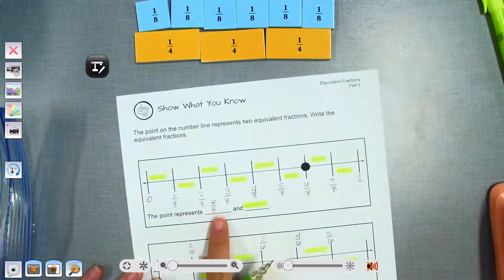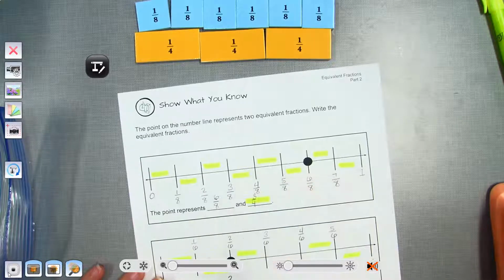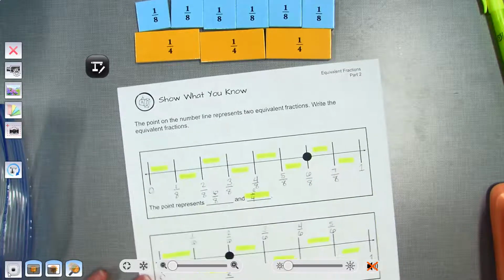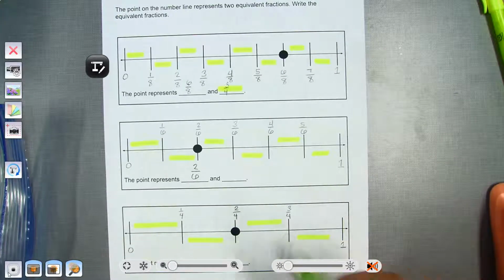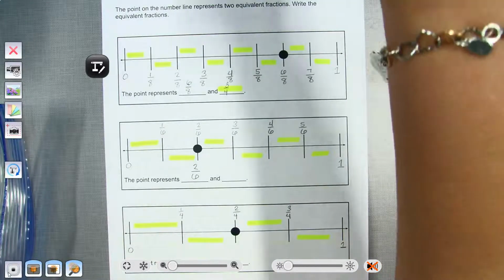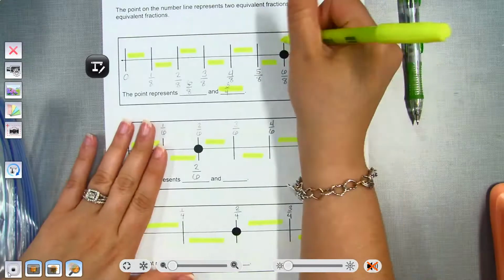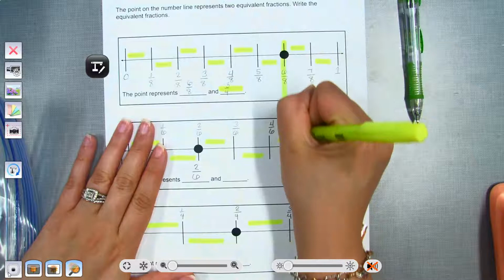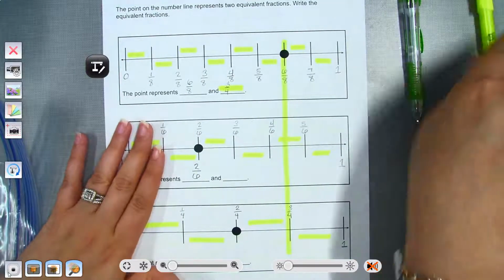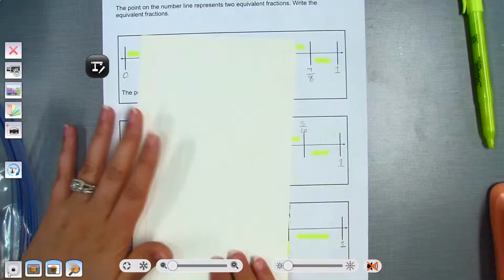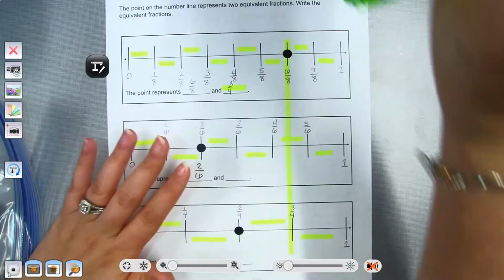So here, 6/8 and 3/4 are equivalent. I also could have used the other number lines, because if I were to take a highlighter and draw a line, 3/4 matches up with that. Or I could have taken a piece of paper and noticed that it's almost the same.